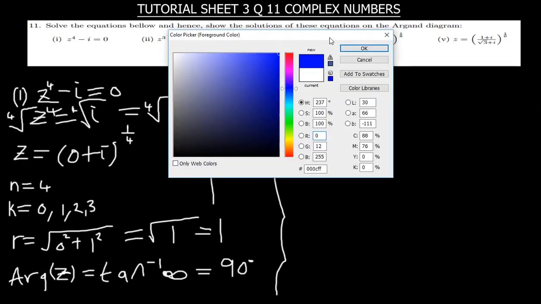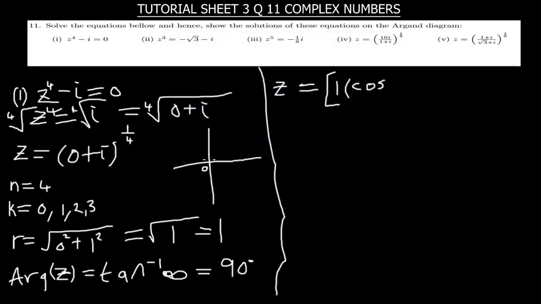So our complex number is going to move in this direction. So this is our complex number z, meaning it's at 90 degrees exactly.